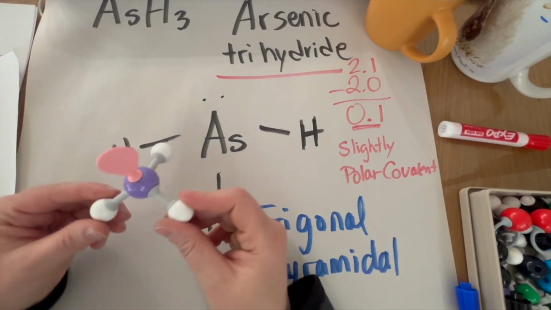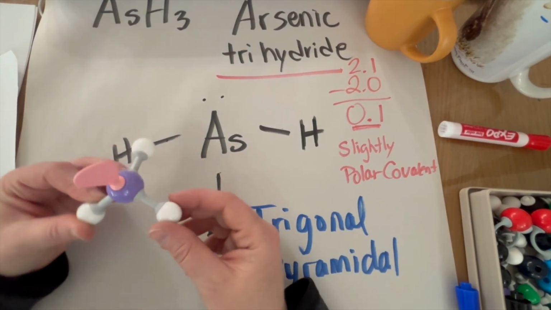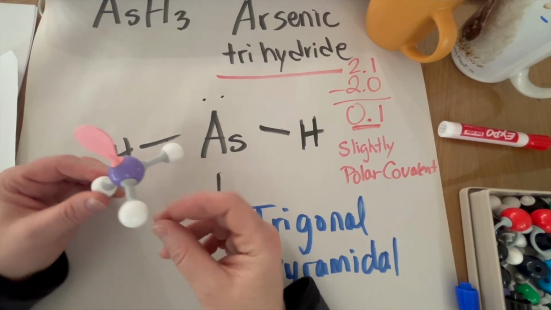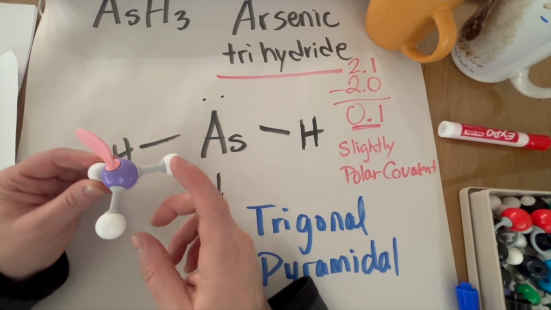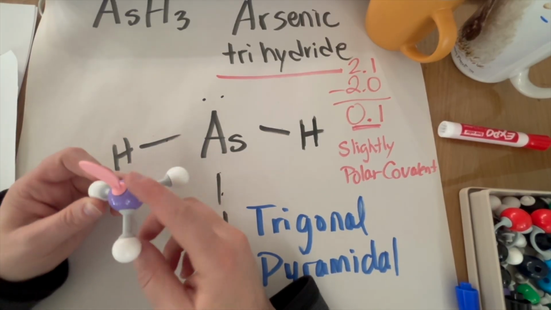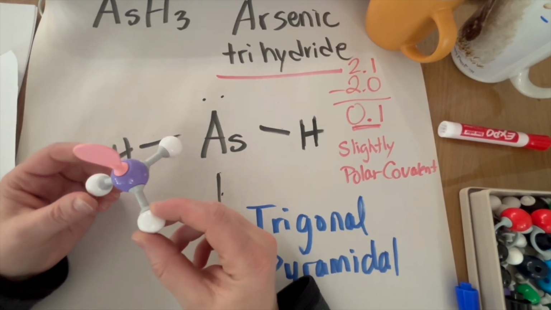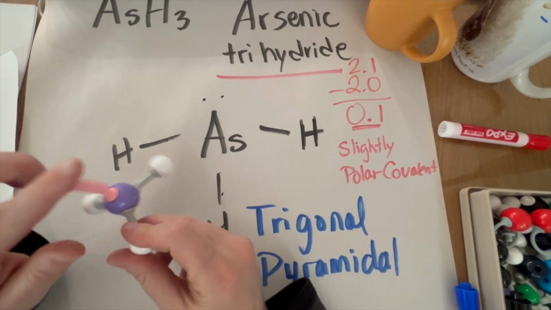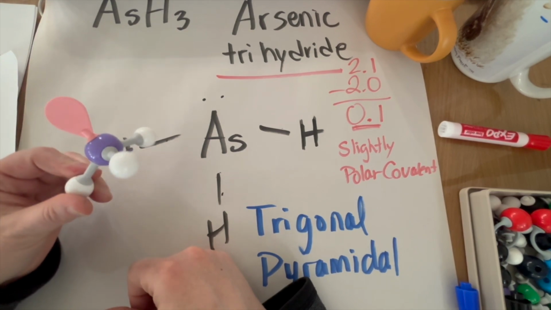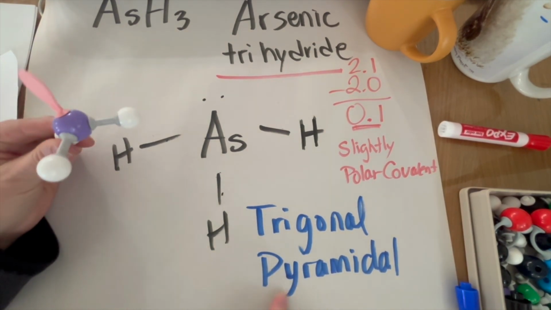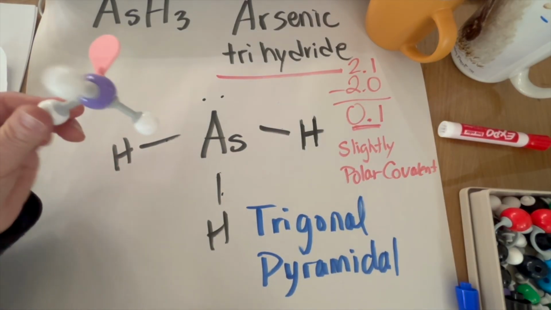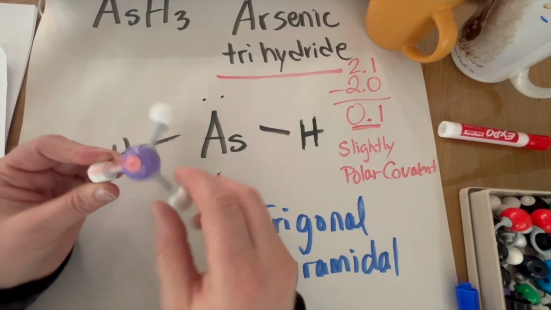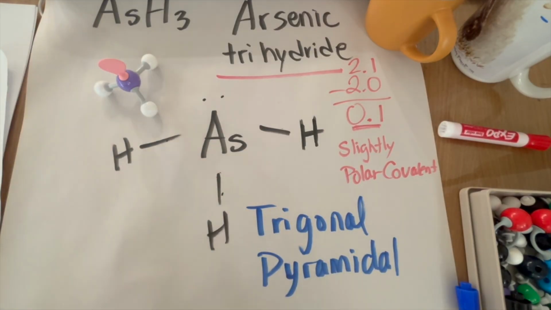Our central atom, it doesn't matter to me what color, because sometimes the kits didn't come with the right amounts of the different types, so you don't actually have an arsenic colored bead. But in this case, you just want one that has 4 equally distributed holes in it. And then you're going to add your 3 hydrogens and your lone electron pair. Okay, and that will end up creating this trigonal pyramidal shape for you. Okay, so it's 3-dimensional. You can kind of see that here as I move it around. Okay, and the bond angle is 109. Okay, so there you go, arsenic trihydride.